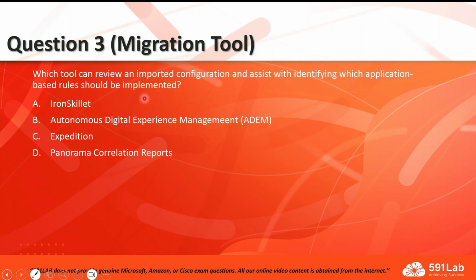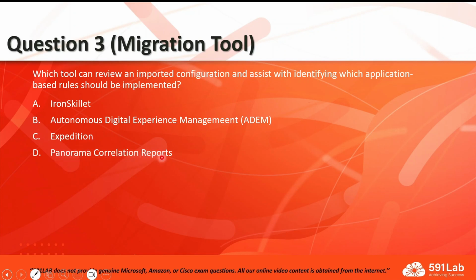The options are as follows. A. Iron Skillet. B. Autonomous Digital Experience Management, or ADEM. C. Expedition. D. Panorama Correlation Reports.